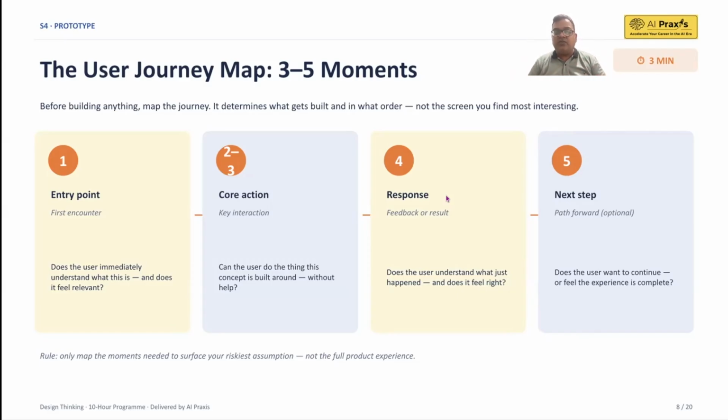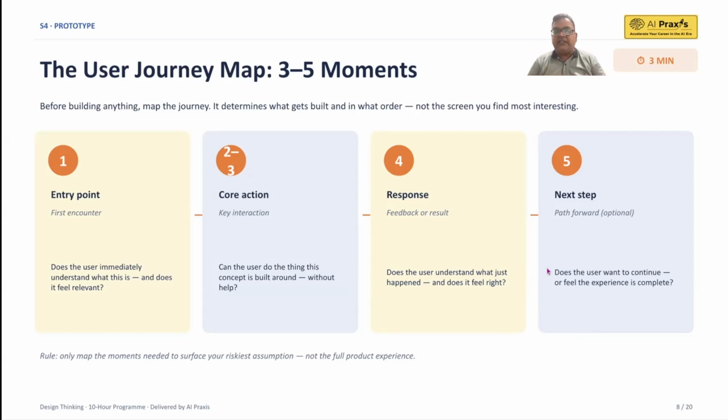Now, here's the golden rule on this slide: don't map the entire product, map only the moments needed to test your riskiest assumption. For example, if you're designing an AI career guidance platform, you don't need to prototype profile settings, notifications, payment screens, or, let's say, FAQs.